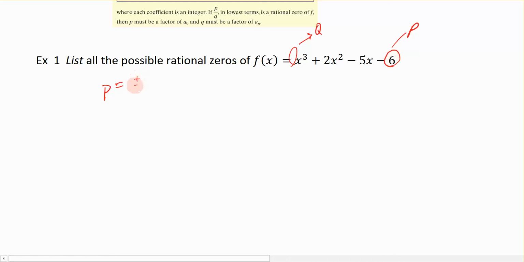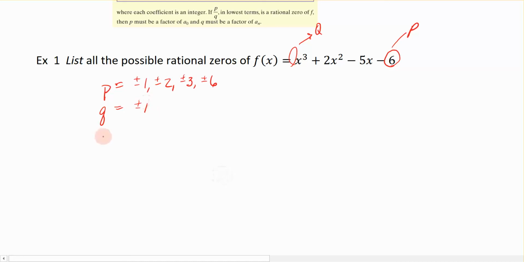Well, that's plus or minus 1, plus or minus 2, plus or minus 3, plus or minus 6. These are the factors of 6, and you do the plus or minuses of them as well. The next step is, what are the factors of q? Well, q is the number 1, so its factors are simply plus or minus 1.